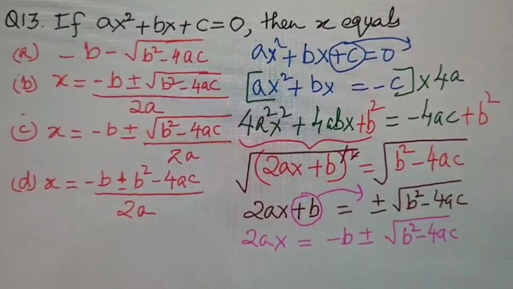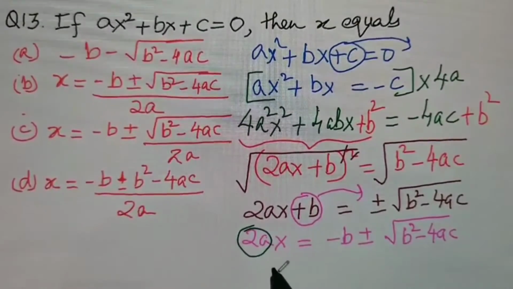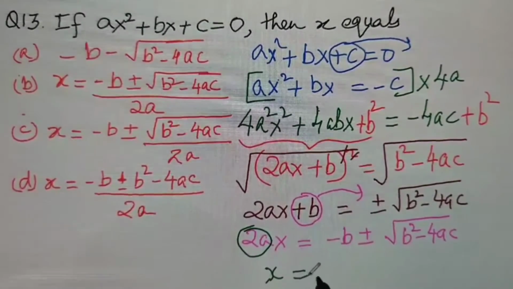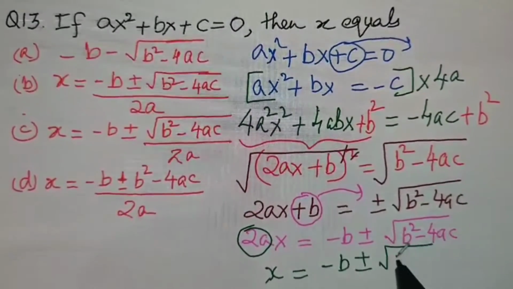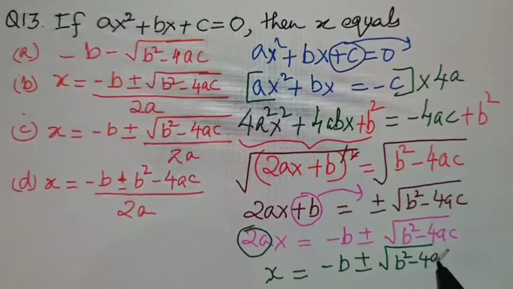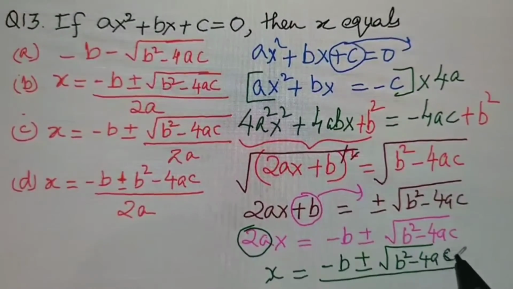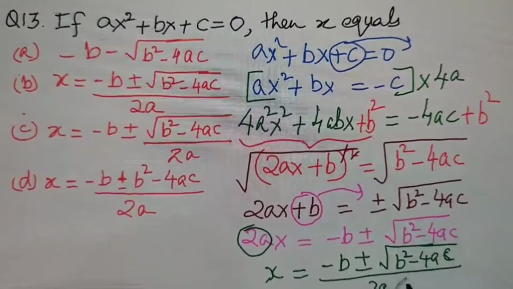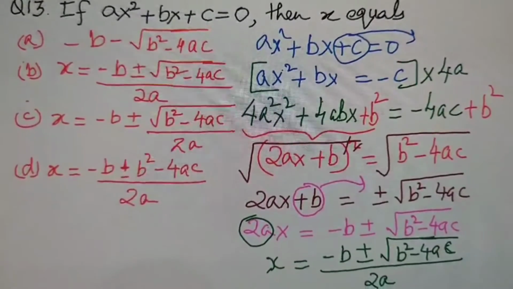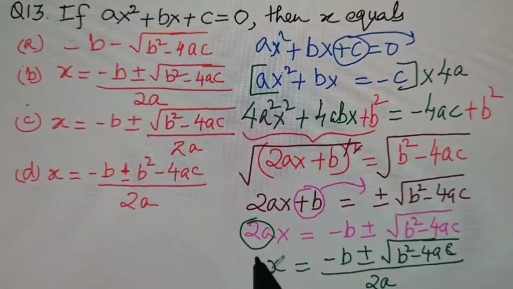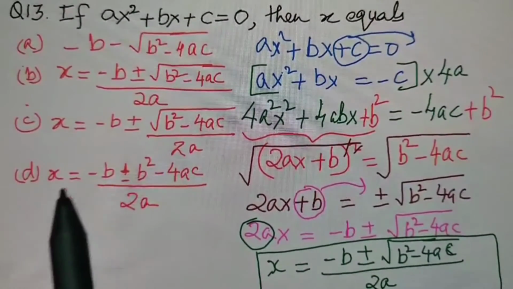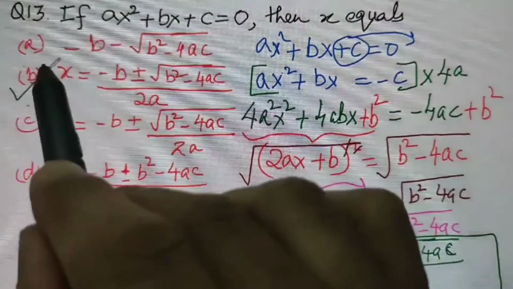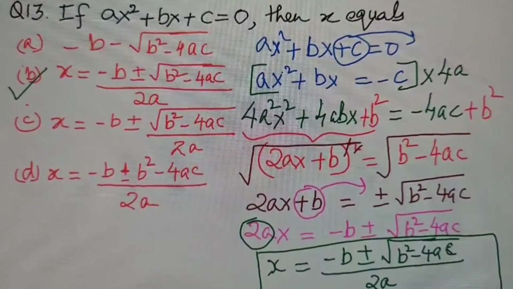Now we have to make x as the subject of formula, so I can shift it there. I get the value of x as minus b plus minus under root b square minus 4ac upon 2a. So this is the value of x. Now when you look into the options, we find the option B, which is the right answer.